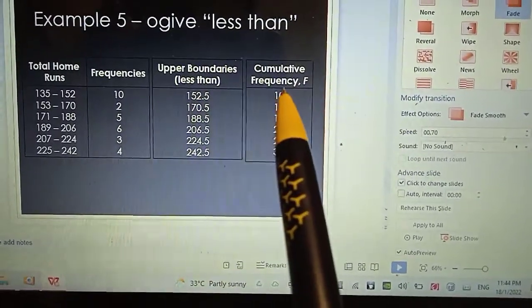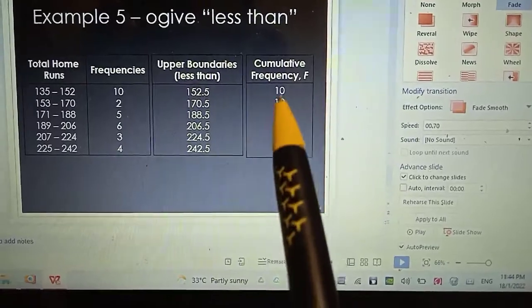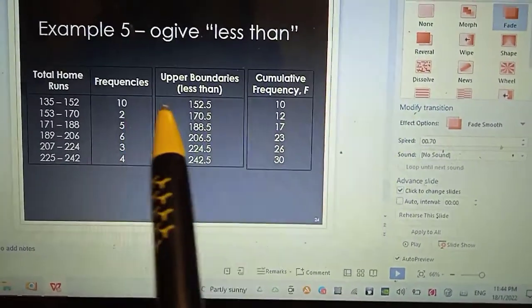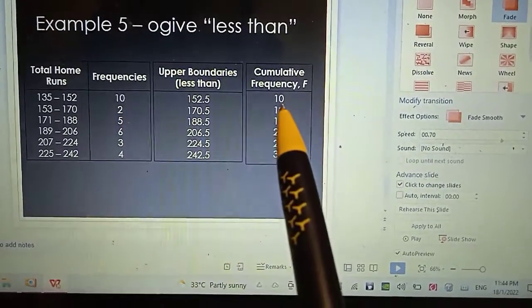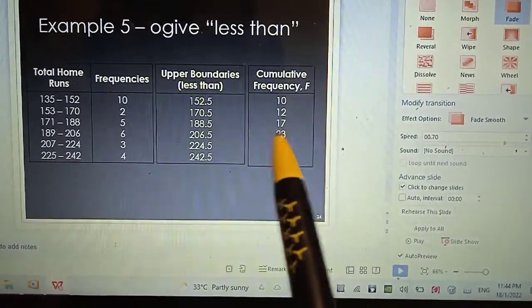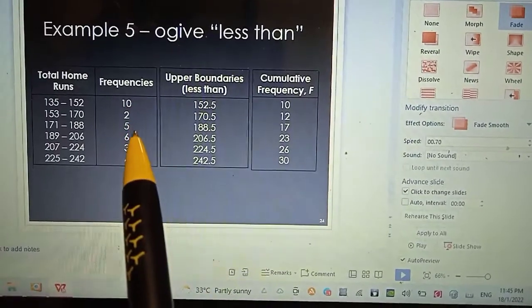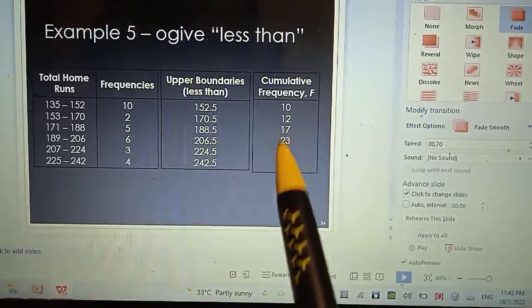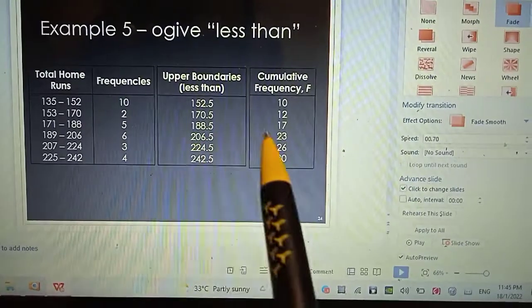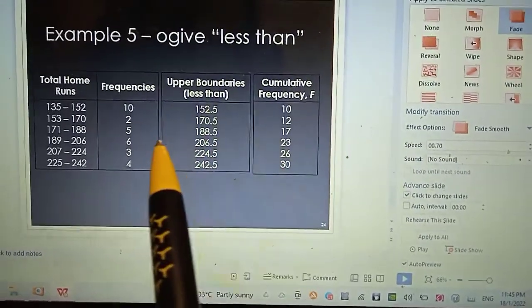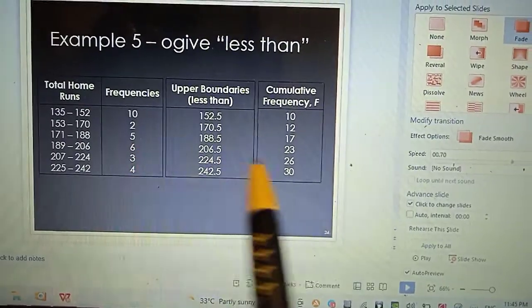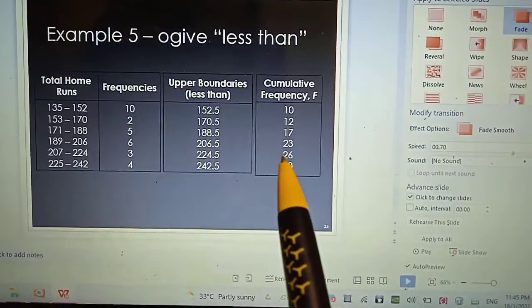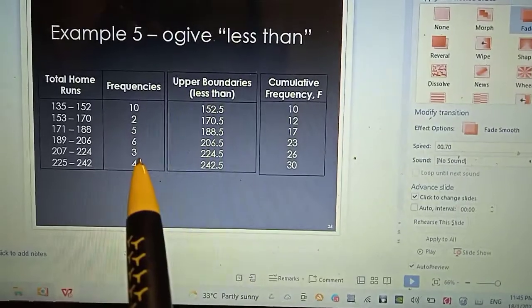For cumulative frequency, we start with 10. For the next one, 10 plus 2 gives 12. The next one is 12 plus 5, which is 17. Then 17 plus 5 is 23, and 26 is 23 plus 3.